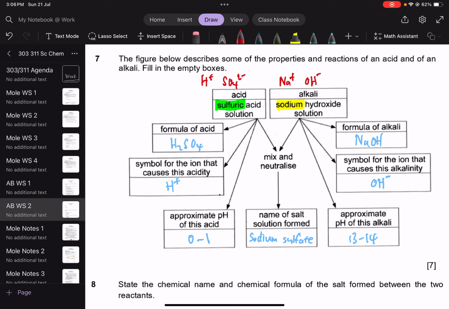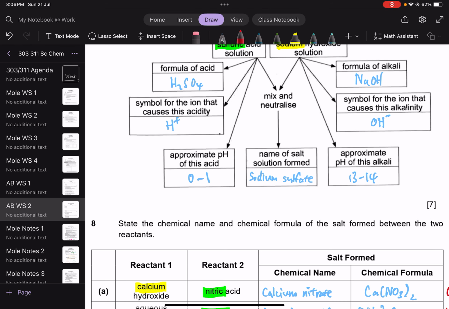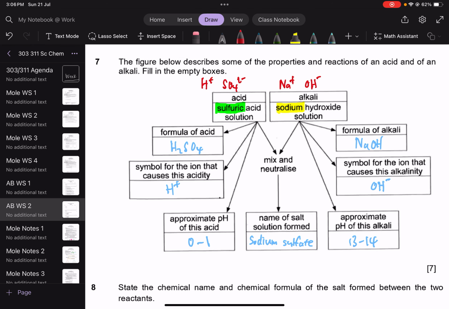The approximate pH of this alkali should be in the high range because sodium hydroxide is able to ionize completely in water to form a very strong base solution. So the reaction between sulfuric acid and sodium hydroxide gives you the salt, sodium sulfate.